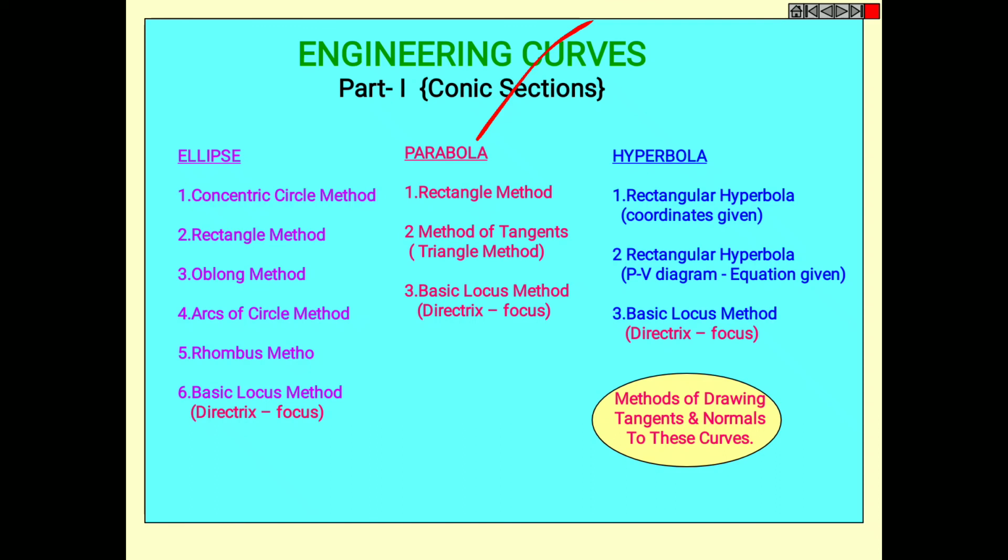So the general method is basic locus method, and this will be in every conic section. Similarly in parabola also we have a basic locus method, a directrix method. Along with that we will see rectangle method and triangle method.